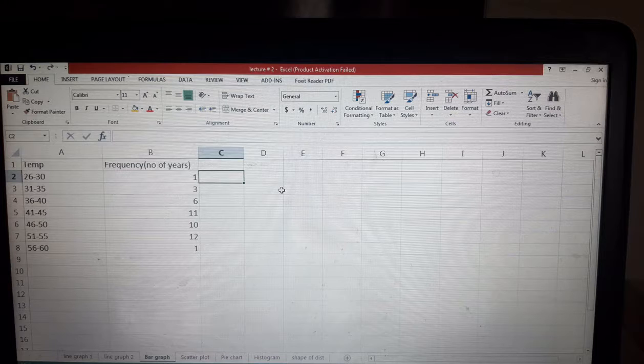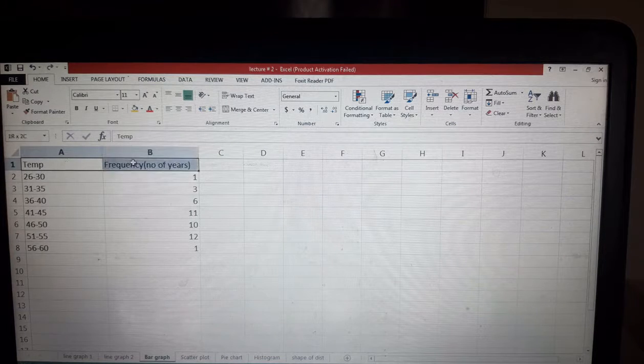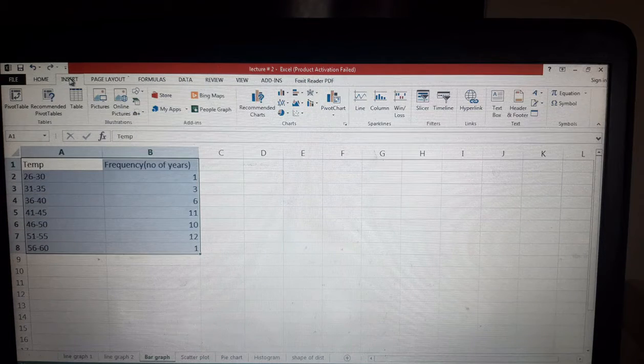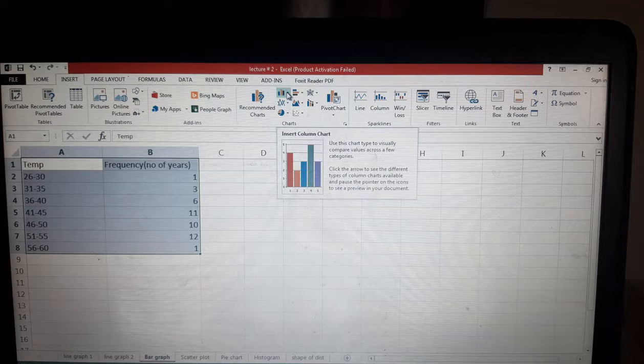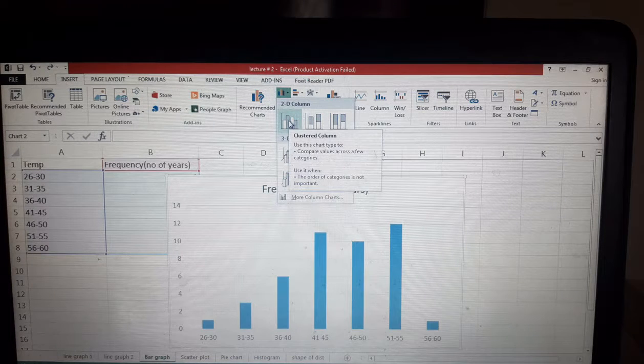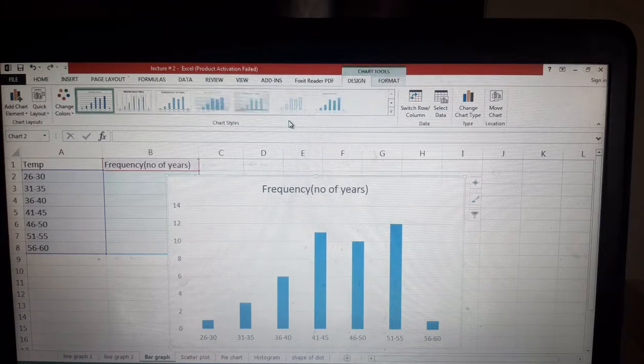You can also make a bar graph of this data by selecting the two columns with labels. Click Insert, click Column Chart, click Clustered Column Chart.